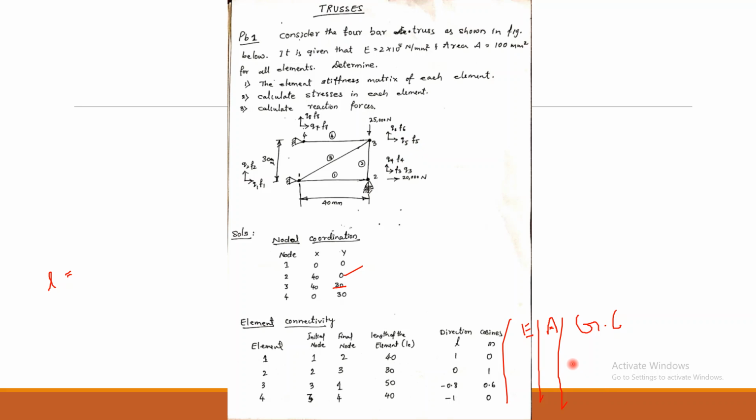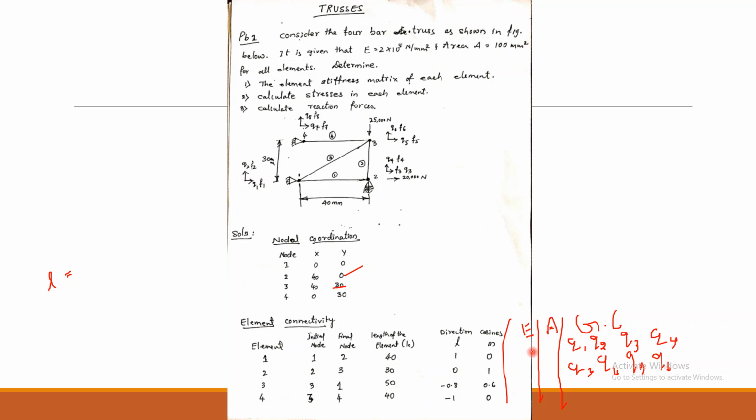Why does it start from Q3, Q4? Because the initial node is 2, that's why.